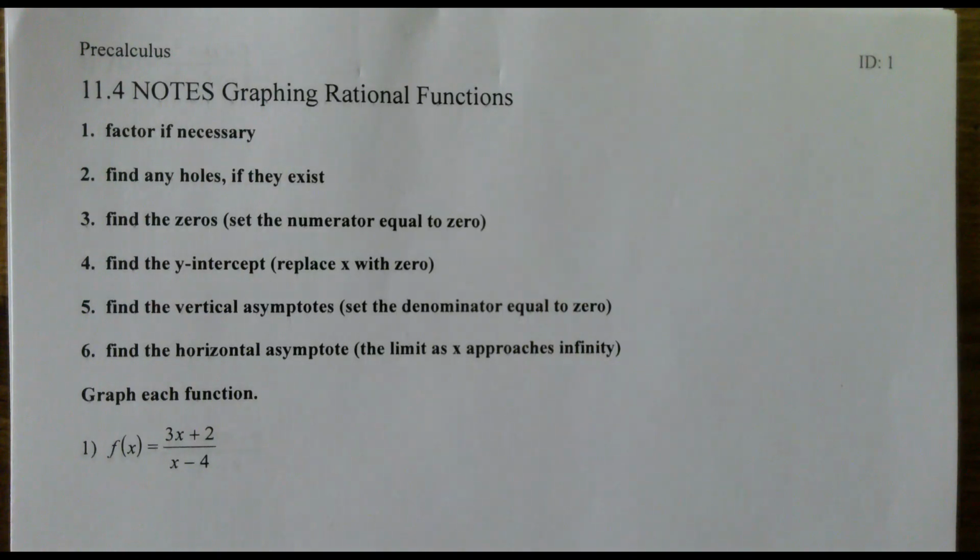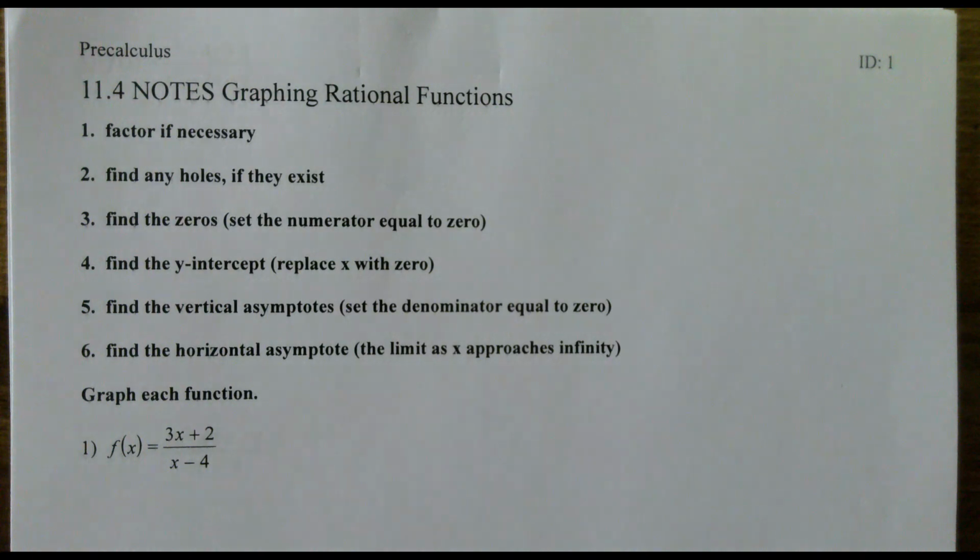It is still very helpful to find certain things, and in rational functions we look for four main things: our x-intercept, our y-intercept, we look for asymptotes, and then we also look for holes. So those are our four main things that we're going to look for.